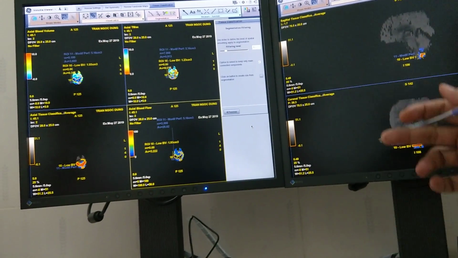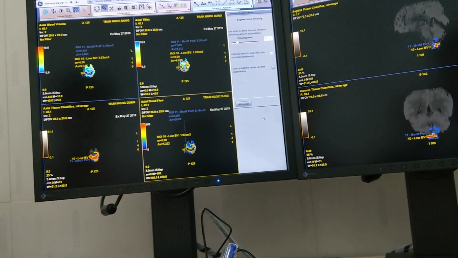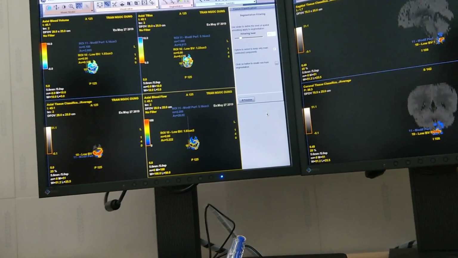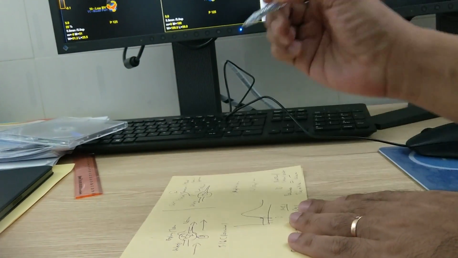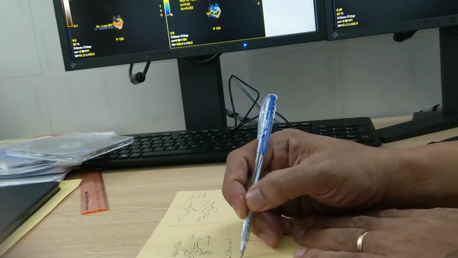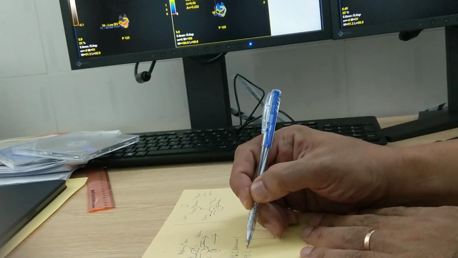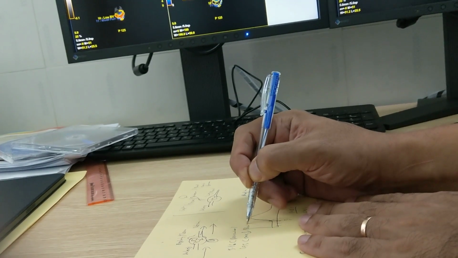So, in other words, 5.16 is the penumbra, minus 1.93 is the core or low blood volume.